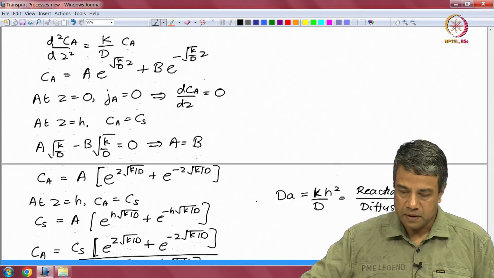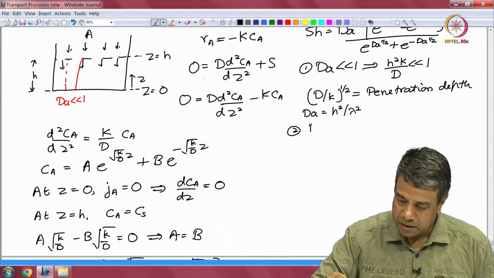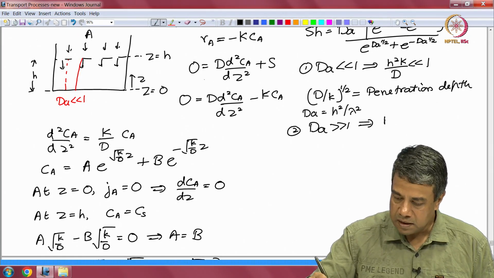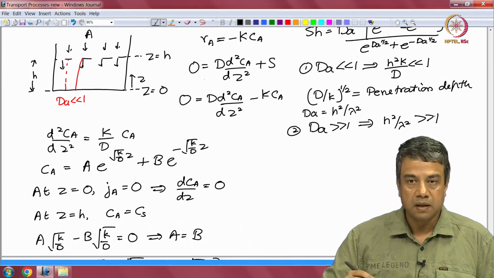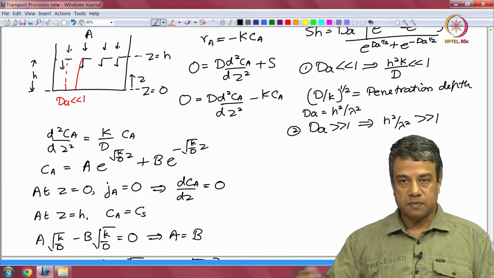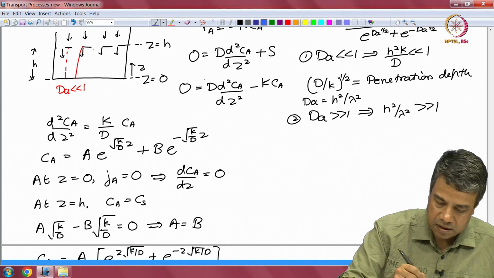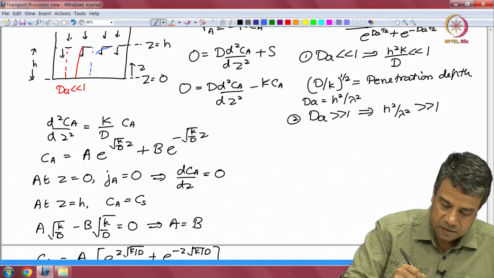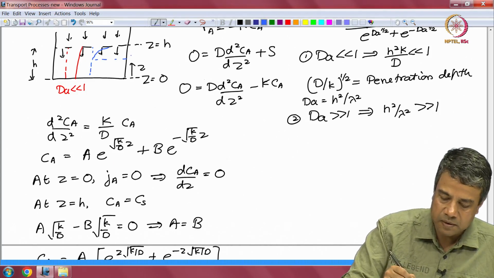What does that correspond to? dA much greater than 1 implies that h square by lambda square is much greater than 1. The penetration depth is much smaller than the thickness of the film. That means that the concentration field is going to decrease very rapidly over a length scale that is comparable to root of d by k.